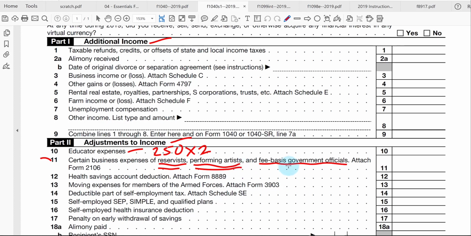And for most government officials, even if you're fee-based, they probably will reimburse you for your costs, typically again for travel. So I think I've seen this type of deduction only a couple times in my life. If you were not in these positions but were incurring employee business expenses, that deduction was eliminated back in 2018.